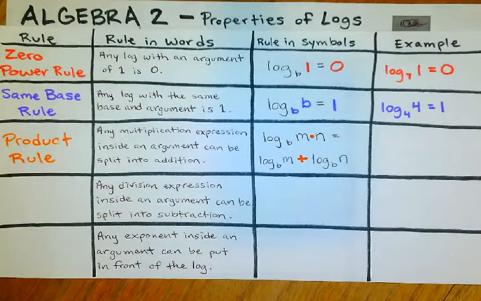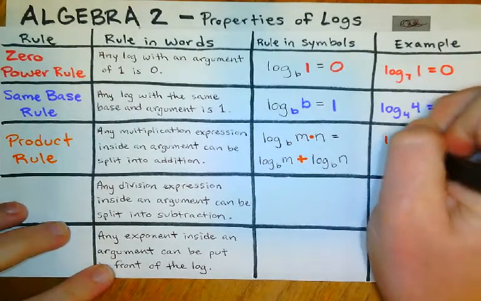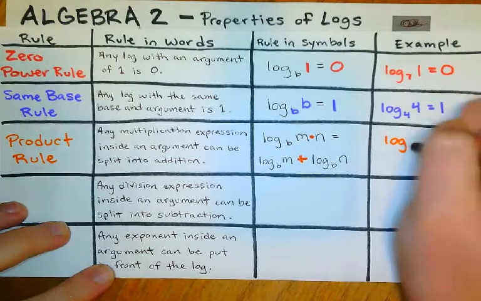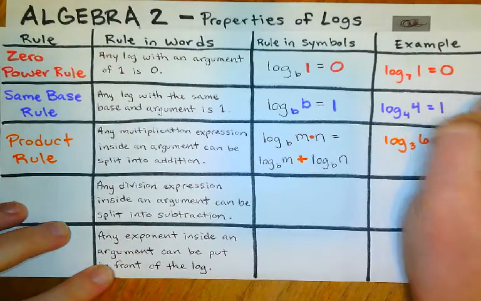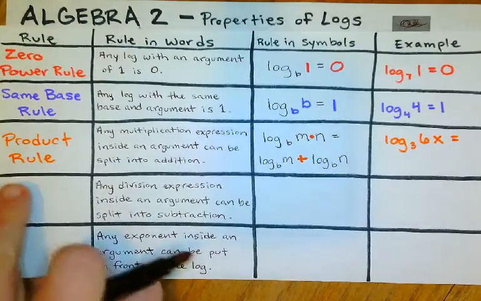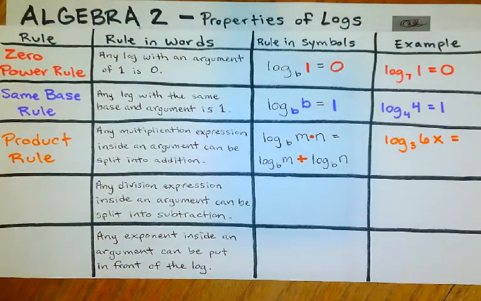Alright? So if we wanted to take a look at an example like this, if we had log base 3 of 6x, using the product rule, this is saying 6 times x.